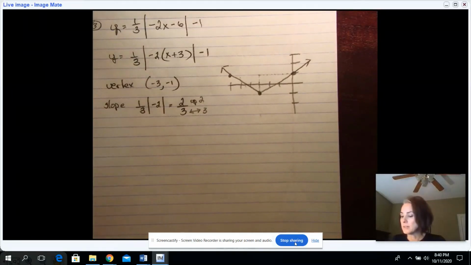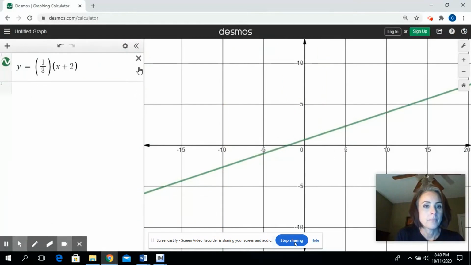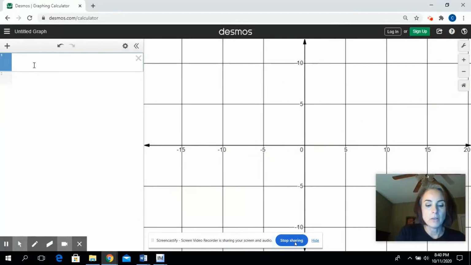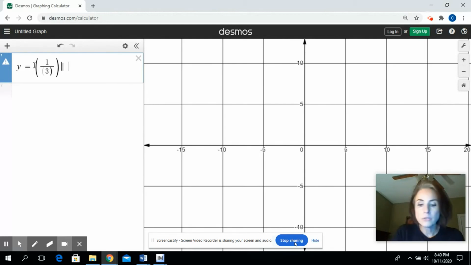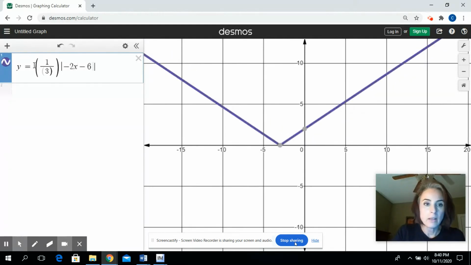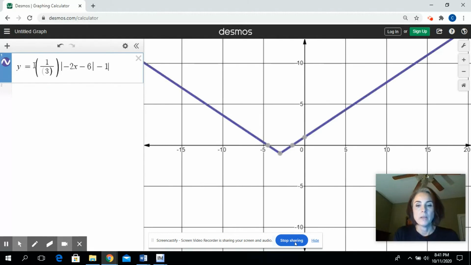And if you want, let me show you that in Desmos real quick. So if y equals 1/3 times the absolute value of negative 2x minus 6, and then on the outside, minus 1.